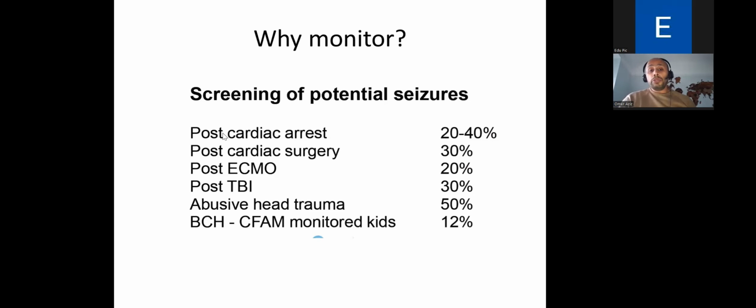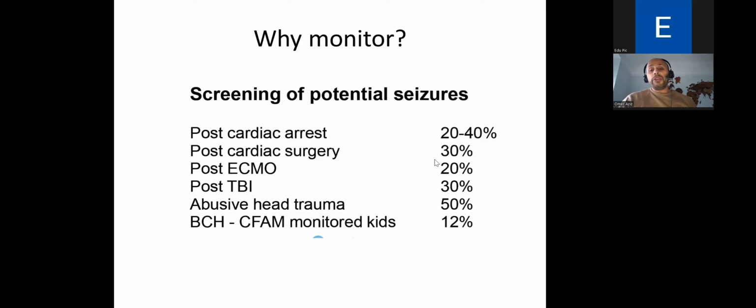We know that post-cardiac arrest, anything up to 40% of these patients have evidence of electrical seizures, okay? Post-cardiac surgery, Bristol is a pediatric cardiac center, and probably 2/3 of our patients have a cardiac history or are post-cardiac surgical, and if we monitored all of those, 1/3, that's 30%, have evidence of electrical seizures.